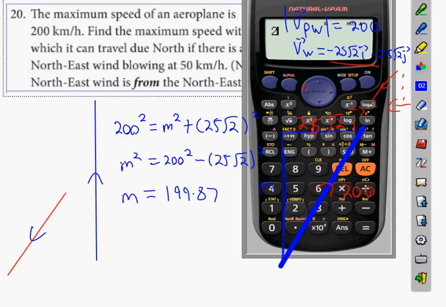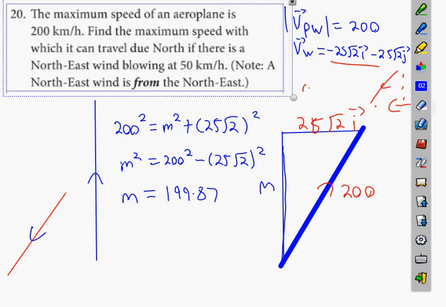Yes. Who else got 196.85? Okay, so it's looking like that. Maybe it was just a bracket issue. 196.85. Okay.